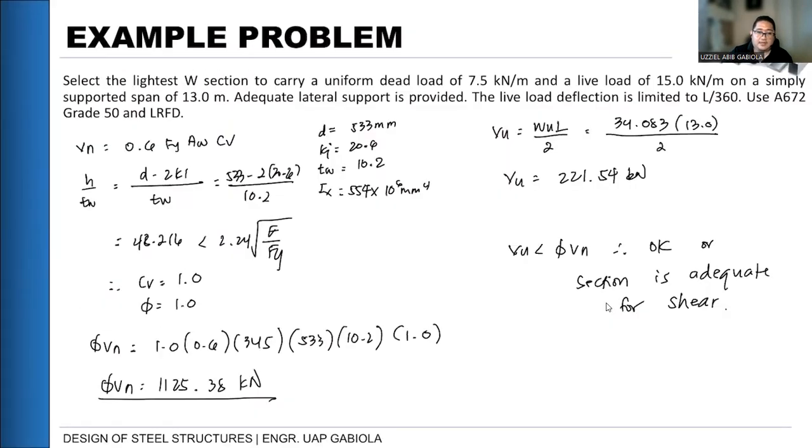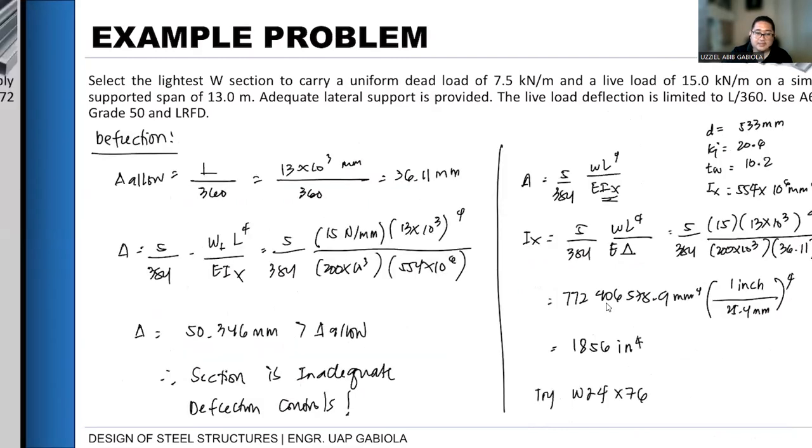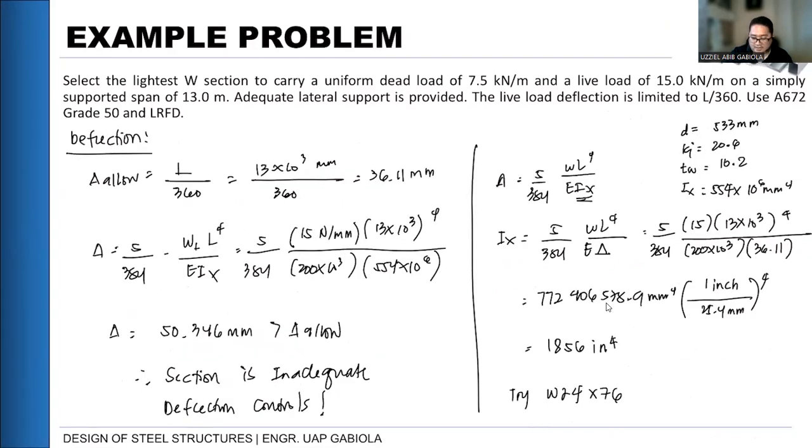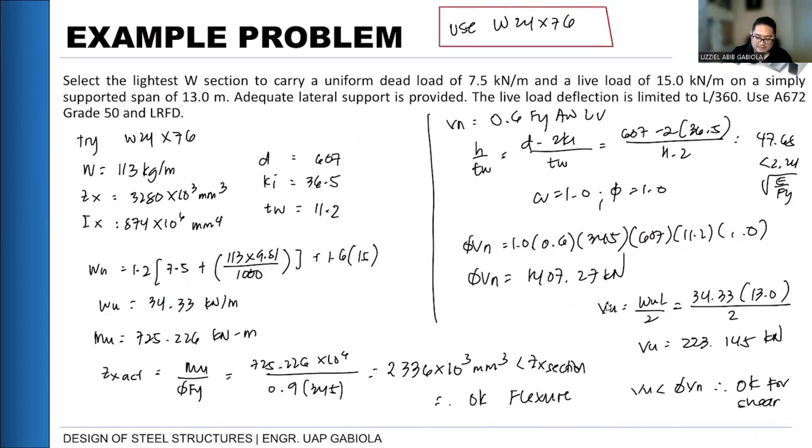Pero dito, i-recap lang natin for this problem, yung una natin ginawa is chinek natin for flexure. May nakuha tayong unang section na W21x62. Pero upon checking, this particular section fails dun sa ating deflection. Kaya nag-try ulit tayo by another section, W24x76, na pagka-check natin, pasado na siya sa flexure, pasado siya sa shear.